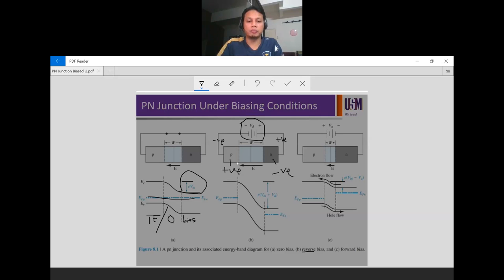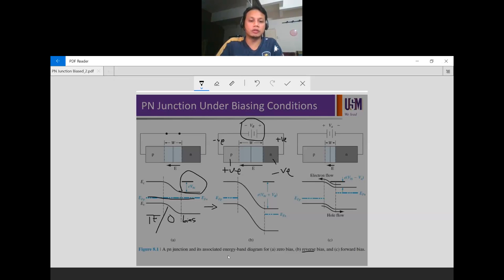The same goes for the n-type. N-type is negative because the majority carrier is electrons, connected to the positive terminal, negative connected to positive, you're going to have reverse bias.